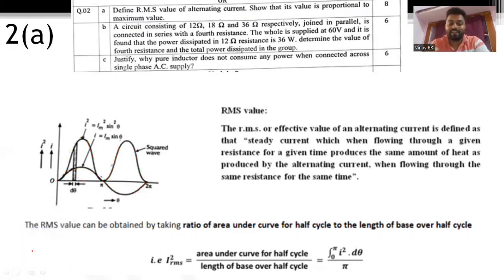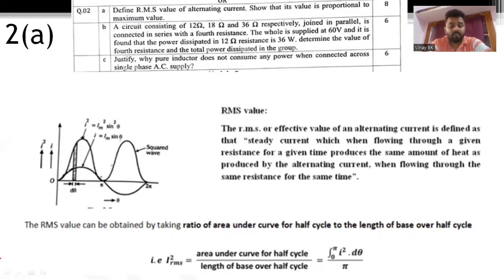So you can consider either the half cycle or the full cycle. If you are considering the full cycle, it is 0 to 2 pi; if half cycle, 0 to pi. That difference you can see in different textbooks. Now I'll define the RMS value: it is the ratio of the area under the curve for a half cycle to the length of the base over the half cycle, or the full cycle also.